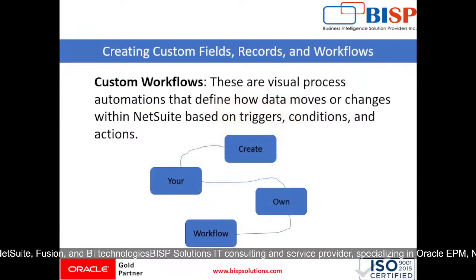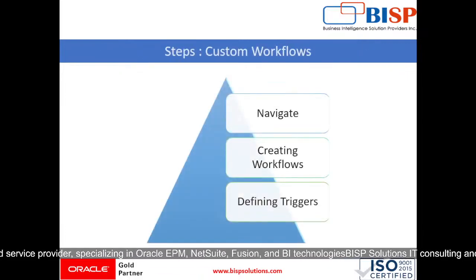Then comes custom workflows. These are visual process automations which define how data moves or changes within NetSuite based on triggers, conditions, and actions. The steps involved are: we have to navigate to Customization, and under Customization we will be going to Workflow.